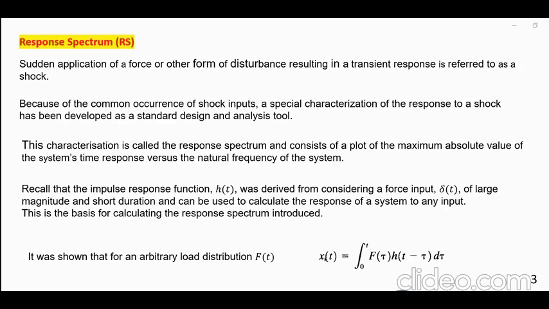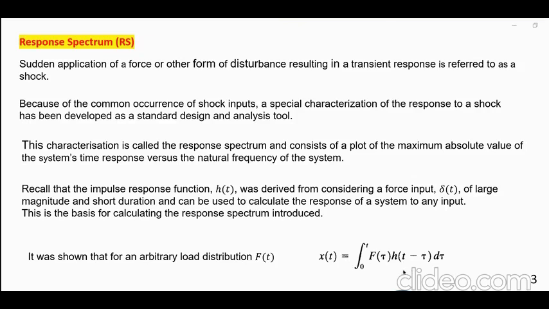Let me remind you that if you have an impulse loading, the response is h of t. If you have an arbitrary loading f of tau, what you do, you take the convolution between the loading function and the impulse response function.